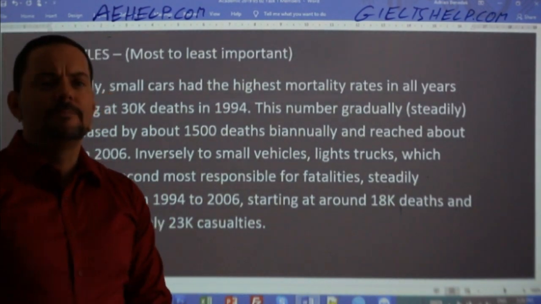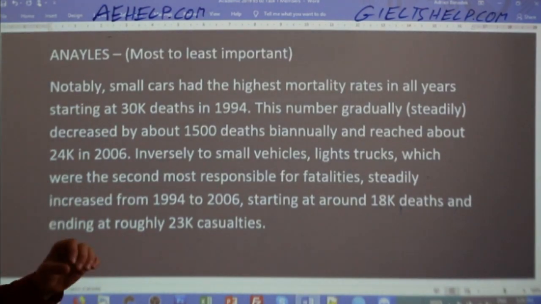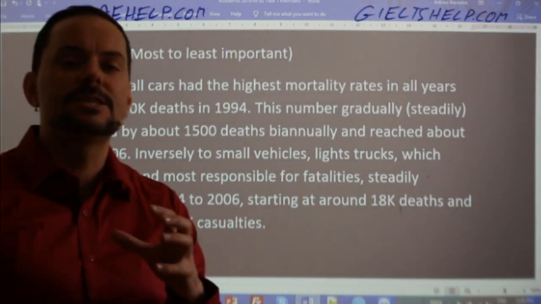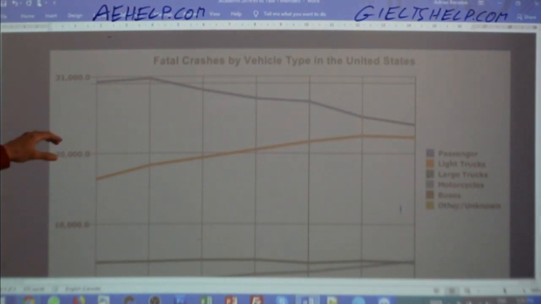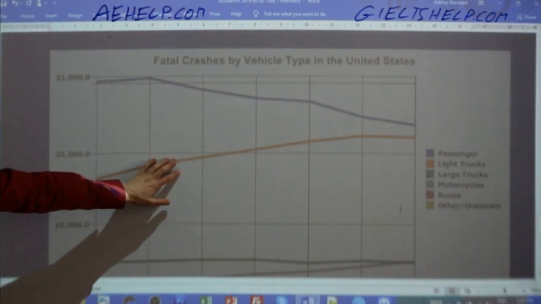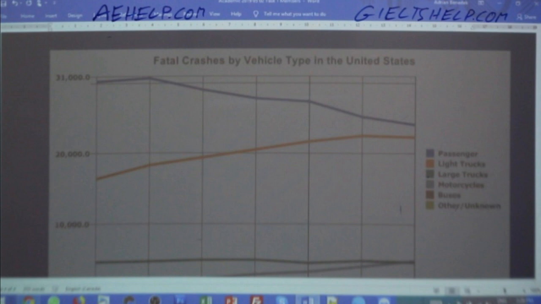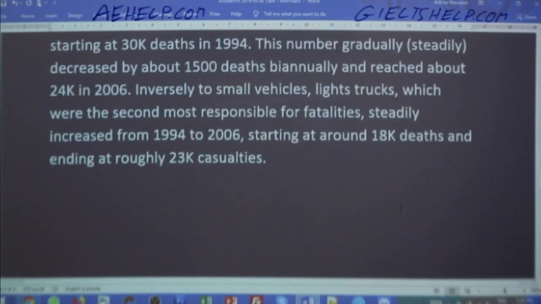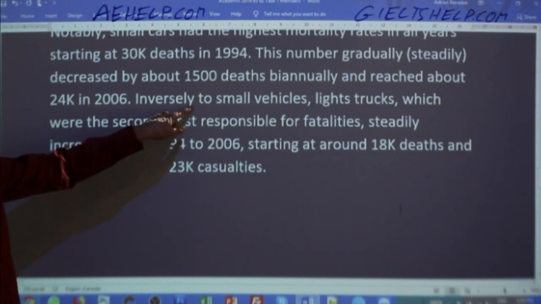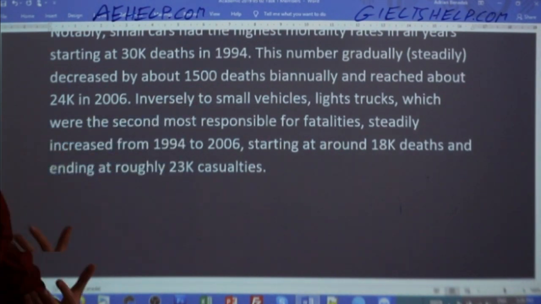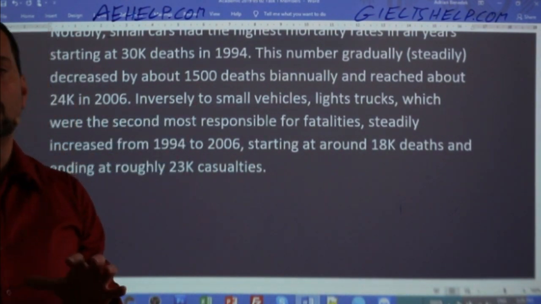So far, members, one common missing point for this description is the actual comparison between small cars and light trucks. Notice that I use the word inversely, okay? Remember that word inversely. Inversely, conversely, both of those will work okay.